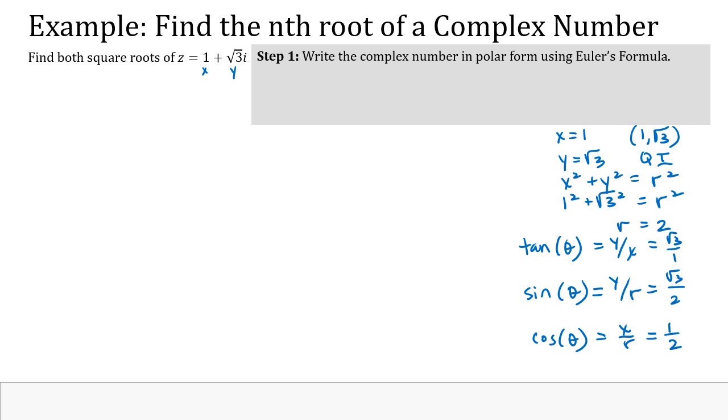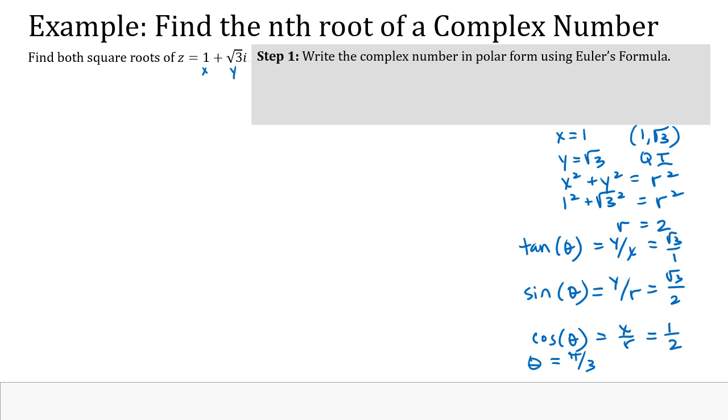Whichever way you go, you should be getting a theta equal to, let's see, I'm going to use cosine. What angle produces a cosine of 1/2? I believe that's going to be pi over 3. Now, here is where finding both square roots comes into play. Using the theta of pi over 3 gets me one of those roots.